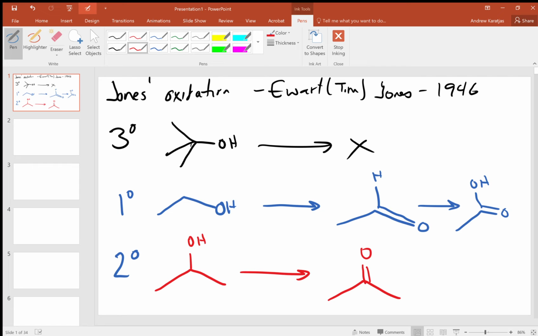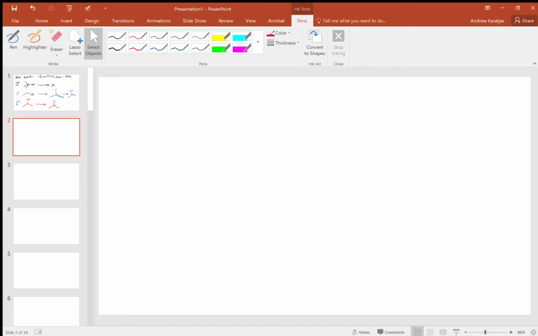So how does this reaction work mechanistically, and why is it that a primary alcohol gets oxidized twice and a secondary alcohol only undergoes a single oxidation? So let's look at our mechanism for this reaction. The Jones oxidation uses a reagent that's become known as Jones reagent.